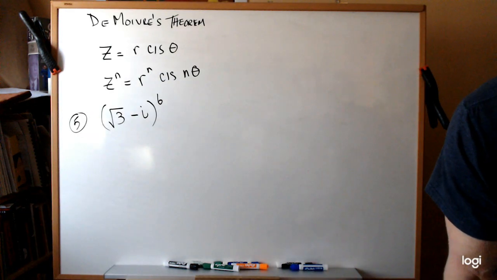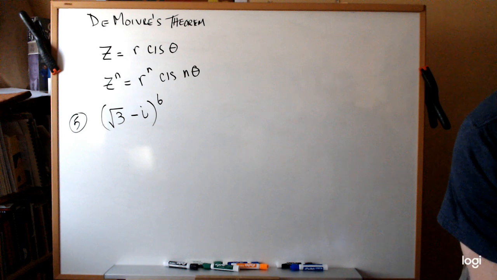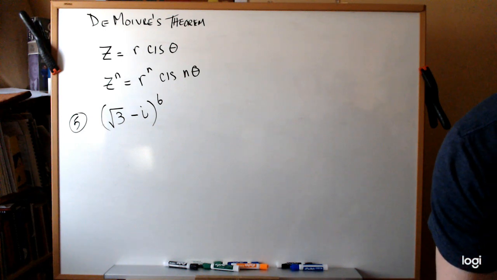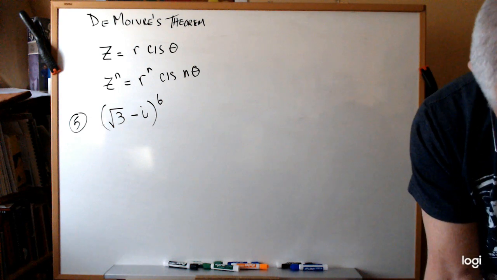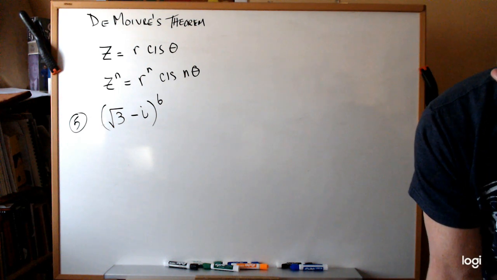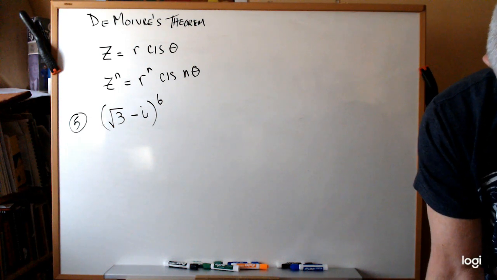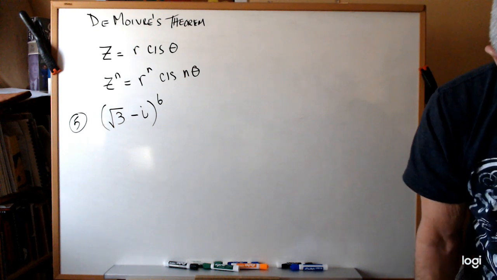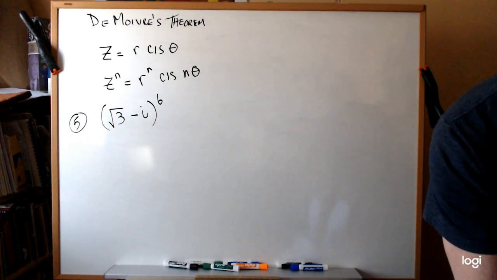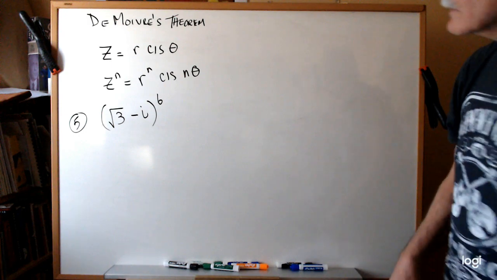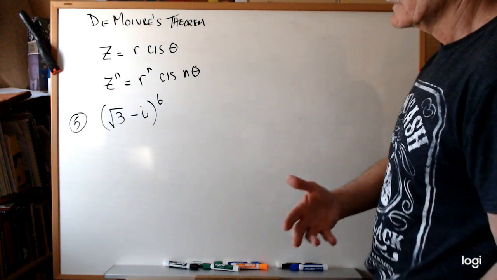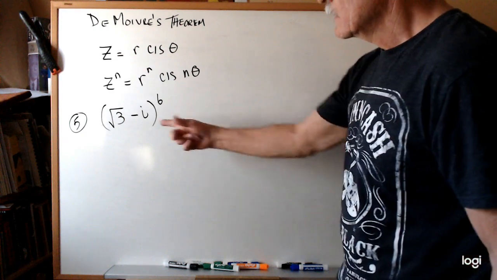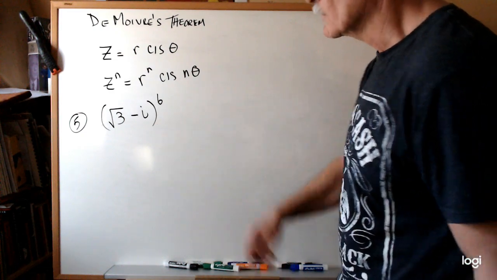And this is the kind of problem that appears on the DeMoivre's theorem exercises. This appears problem number 6. So now you should be able to do everything from 1 to 6. Okay, so let's give this a shot. Now, a little bit of a step up in level of difficulty. We need to compute r and we need to compute theta.